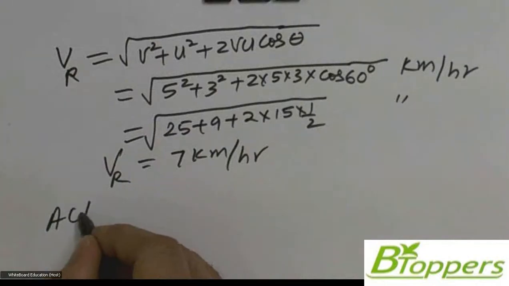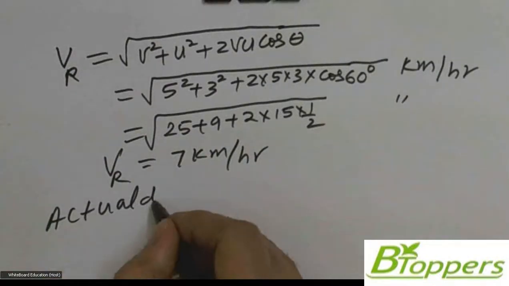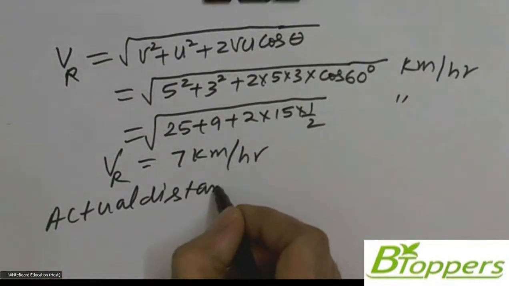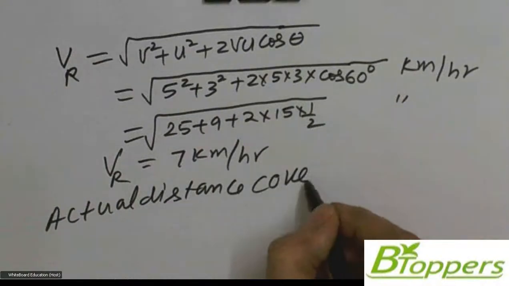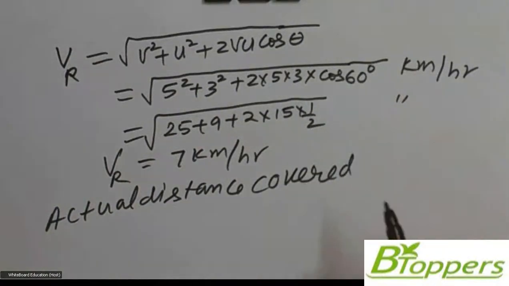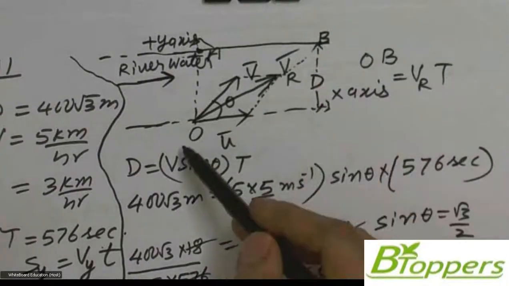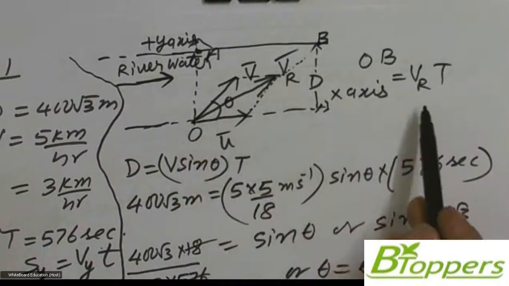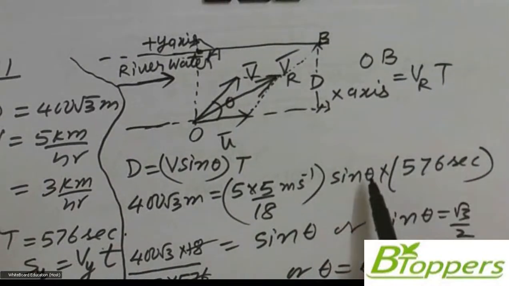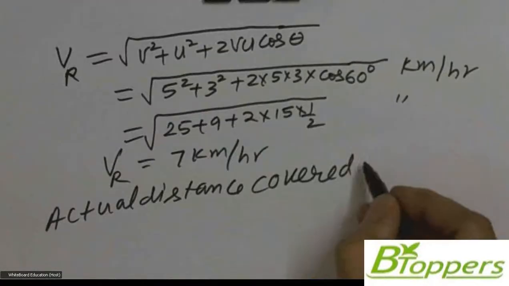So actual distance covered by the boat while crossing the river, as shown in the figure, is the length of the path OB. That can be written as magnitude of the resultant velocity times time taken to cross the river.